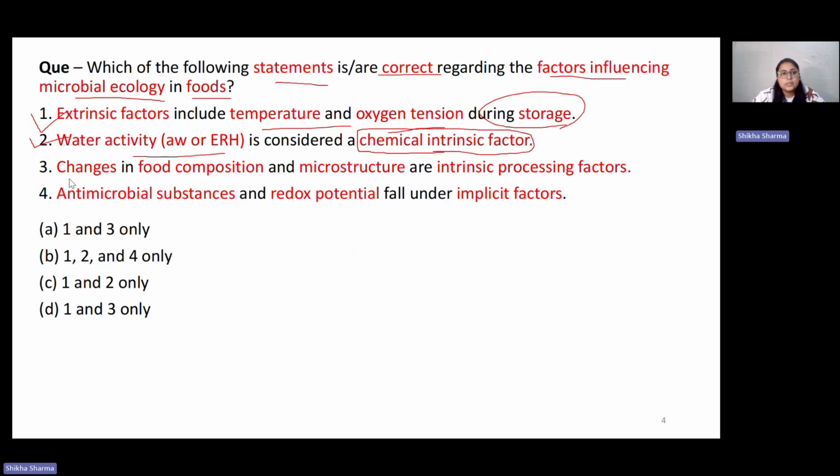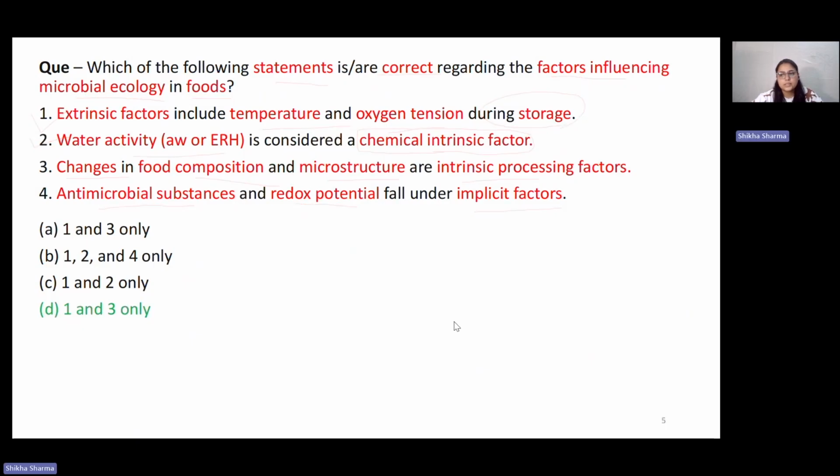Third: food composition and microstructure are intrinsic processing factors. Fourth: antimicrobial substances and the redox potential fall under the implicit factors. So we need to tell which statement is correct here.